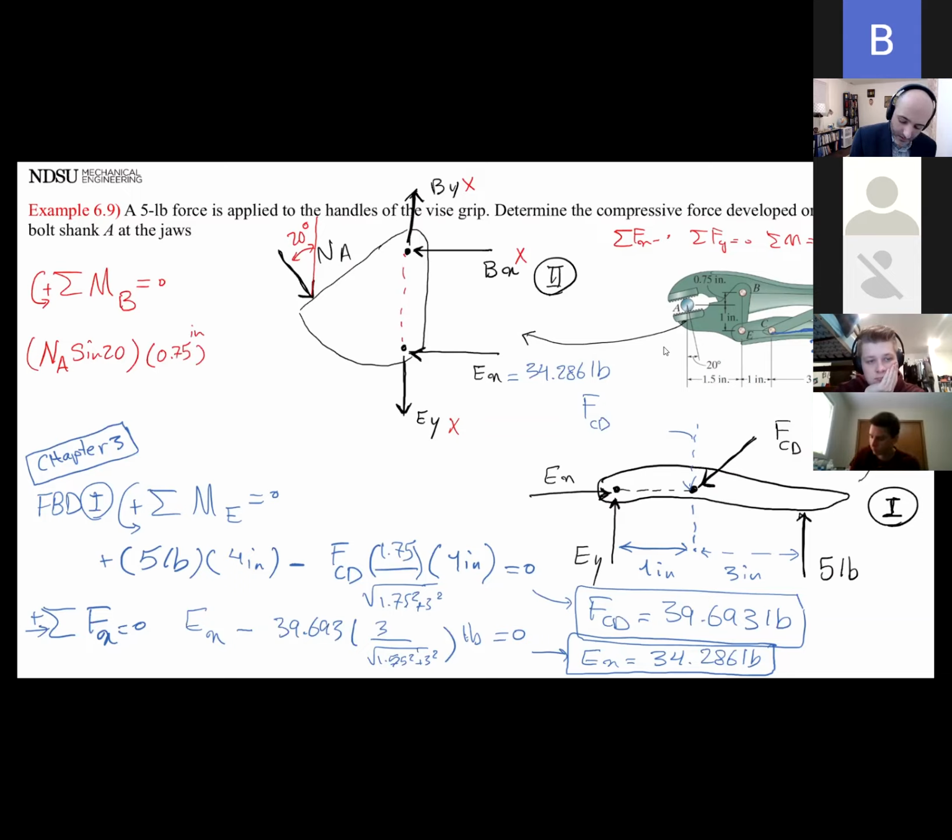Plus NA, this time cosine 20. So let's ask this one. What is the difference of the distance between this component and point B? So first you got to think, which component is this? Is it vertical or horizontal component? And what is the distance between that and point B?